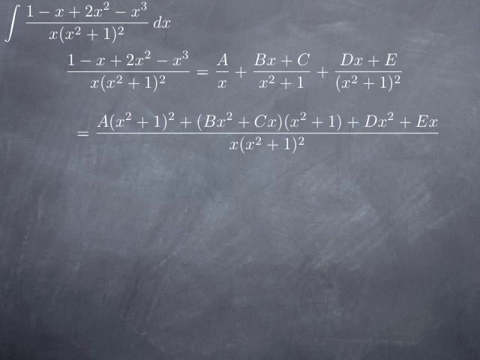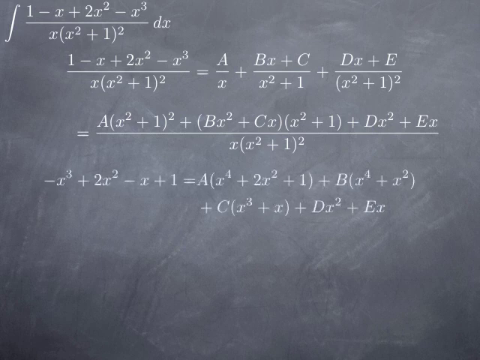For the second fraction, I need to multiply top and bottom by x and by x² + 1. That's why I get (Bx² + Cx)(x² + 1). And for the last one, I need to multiply top and bottom just by x, so I get Dx² + Ex.